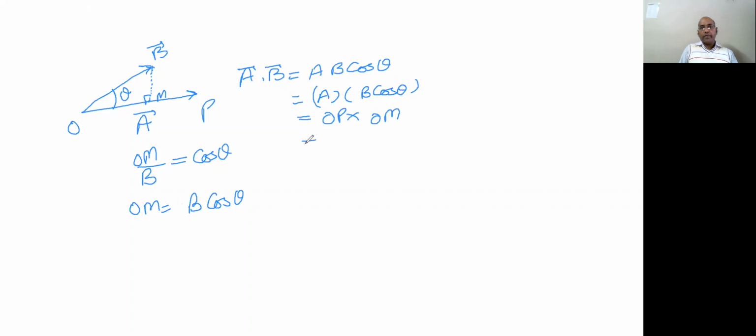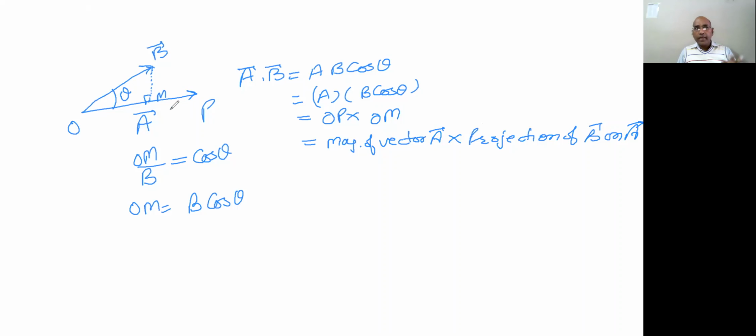That means the dot product can be defined as the magnitude of vector A multiplied by the projection of vector B on vector A. Similarly, you can reverse it: take the magnitude of B and draw the projection of A on B.